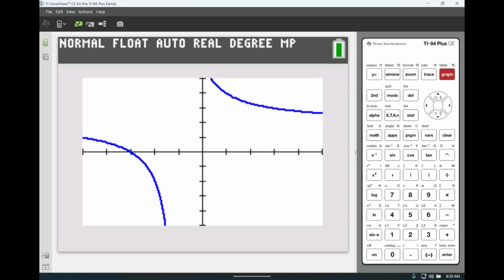Is our test on Friday or next week? I've got to check. Well, it can't be Friday, because then this would be week. Maybe.